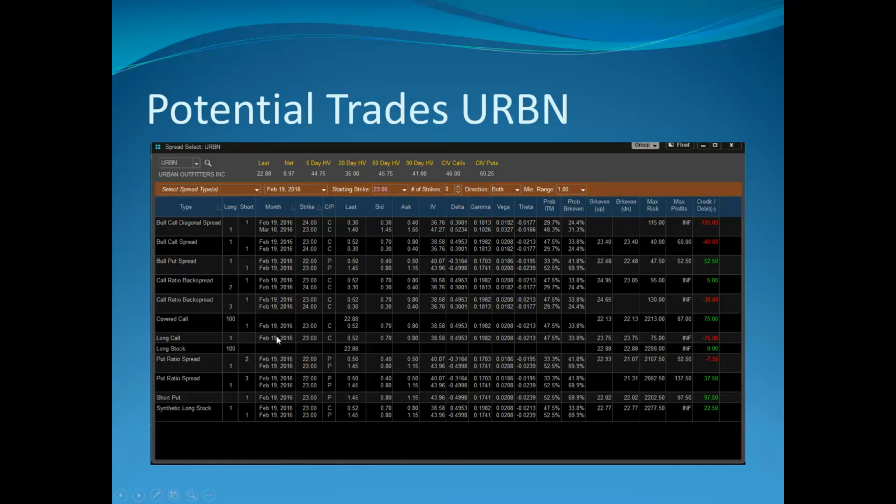I could buy a call that's a $23 call. That means once it gets to $23 and a penny, it's worth a penny. I can give myself a month to get there. February 19th, I could look at March calls, and I'm going to pay probably 75 cents for that call.